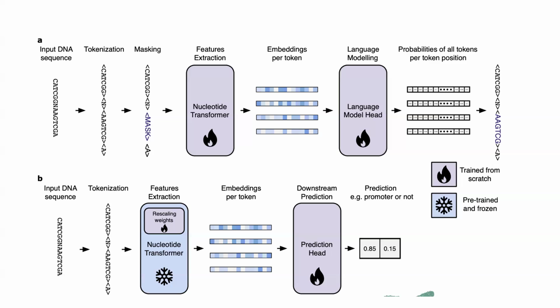So in this case, it outputs 2 states: it is a promoter or it's not a promoter, and then we can train that. And while we're training it, most of the parameters that are varying are in that network that's basically just using the embeddings that come out of the initial network.